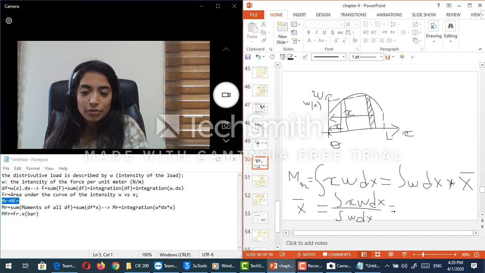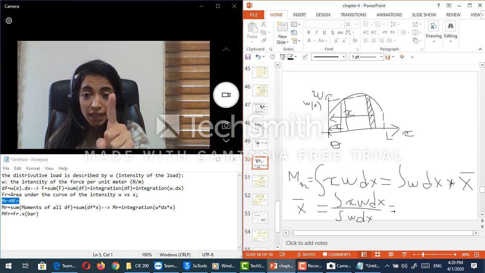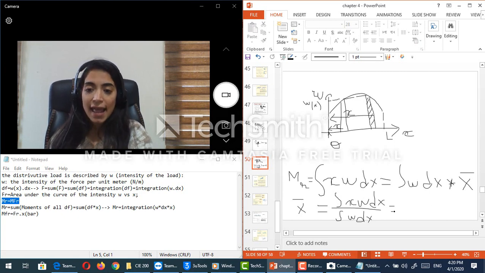Do you want to apply this to a particular case where I have a uniformly distributed load like the rectangular case? This is a regular shape, and I've just predicted that this regular shape will give me F resultant that is equal to omega times L, and this should be located at the middle point, which is L over 2. Let's find out if this integration will give me the same answer, which is L over 2.